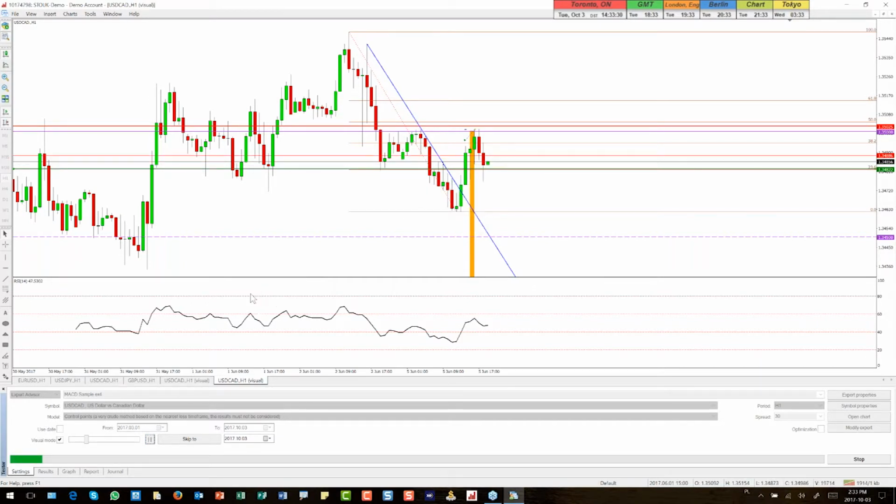I'm going to just keep that rectangle. I'm going to change the color to orange. It's more visible. So potentially my target will be lower, but the initial first target will be on that level. So let's see what happened. I'll continue looking at the market.